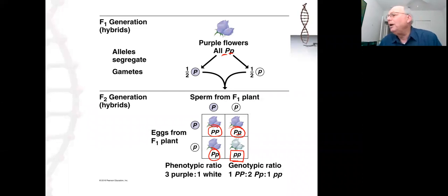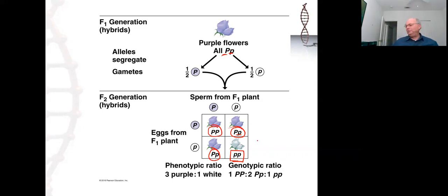So purple is the one that is present in the greatest number, and any individual that has at least one copy of the purple allele is going to be purple. In order to show the recessive trait, which in this case happens to be white, you have to have two copies of that allele. In other words, both alleles must be for the white trait.